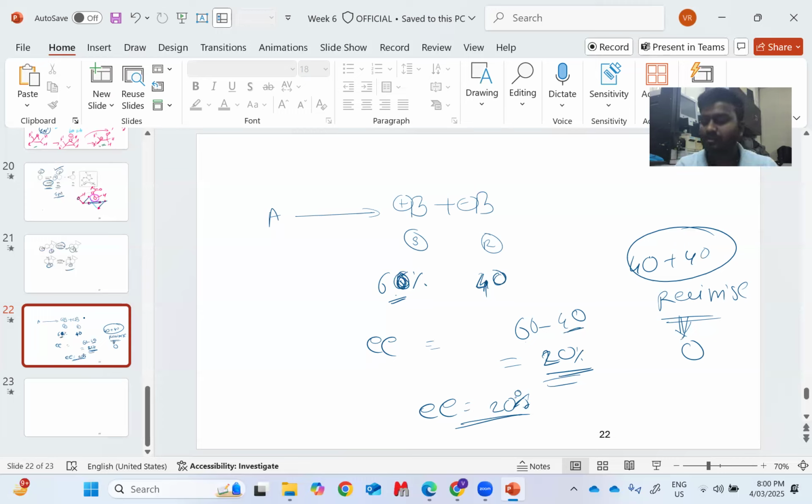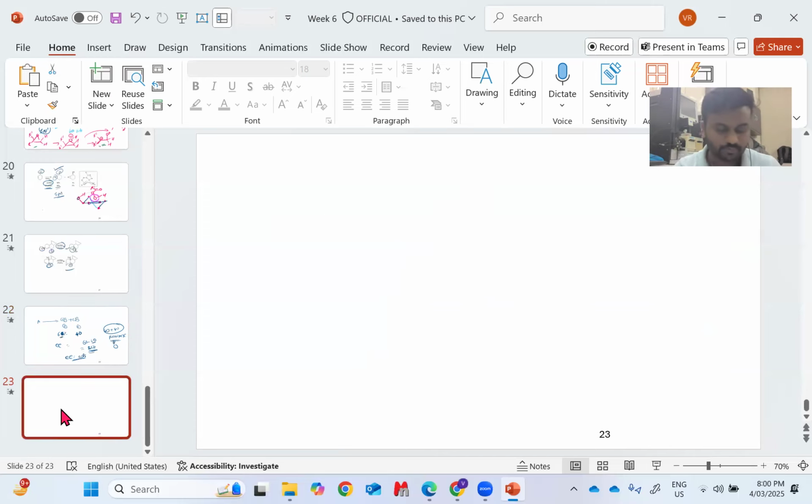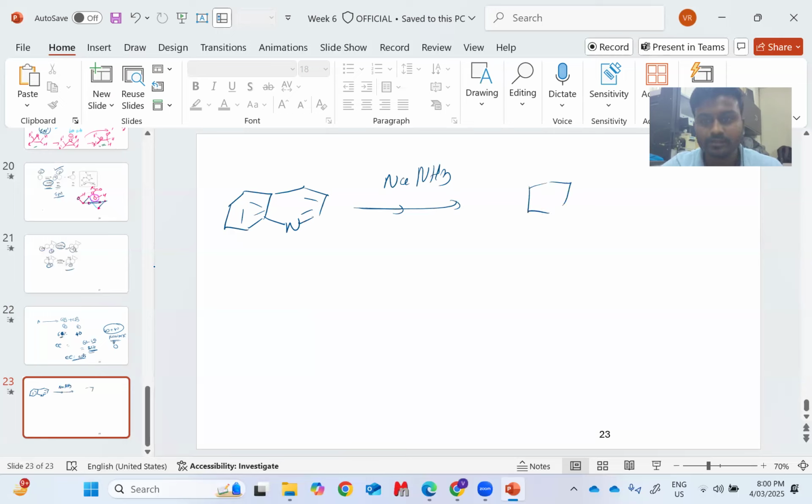Some specific examples of the Birch reduction reaction, which is particularly useful, I will show. Let's say the Birch reduction of such a compound, which has the, so if you add the Birch reduction, then in this case we get the hydrogenation occurring here.